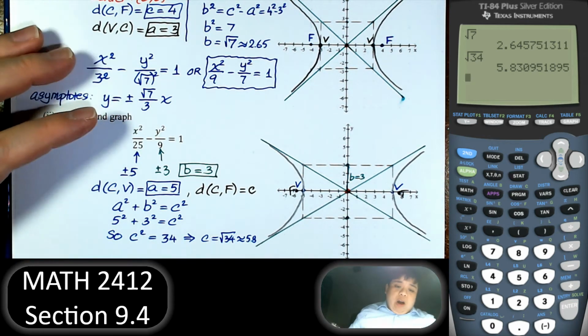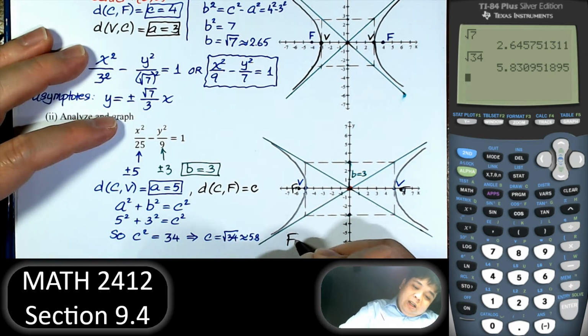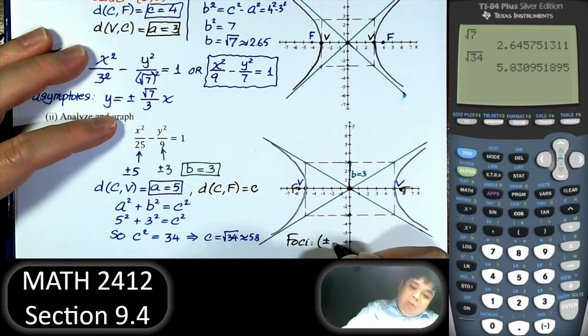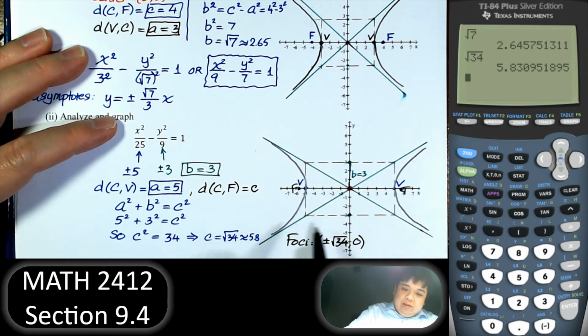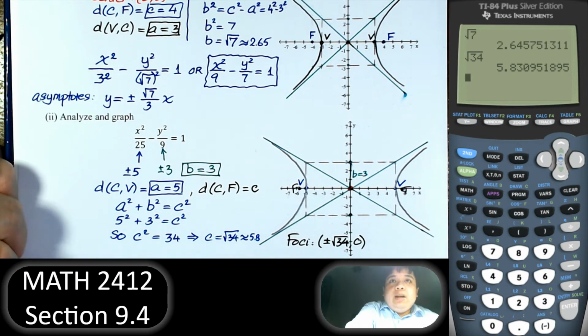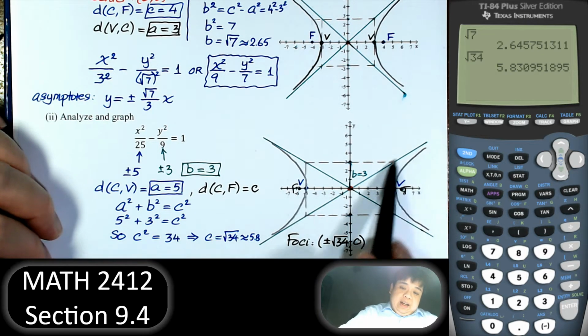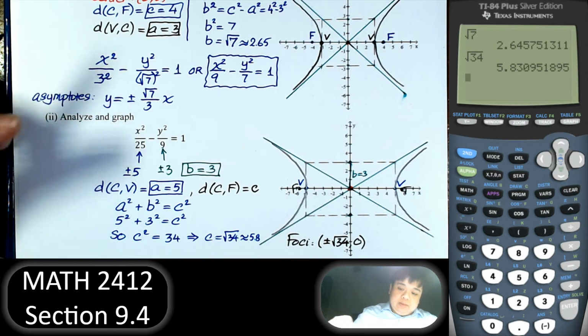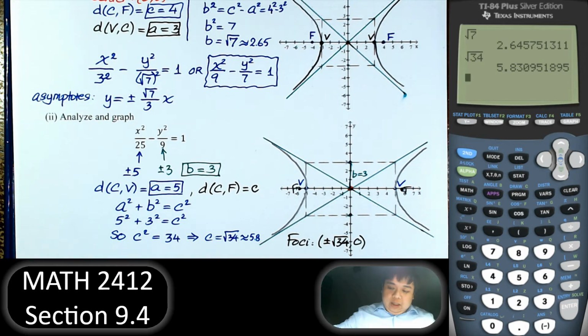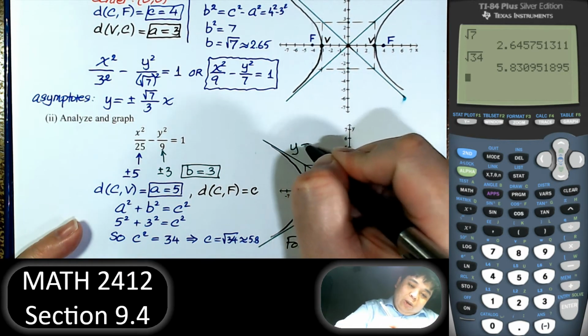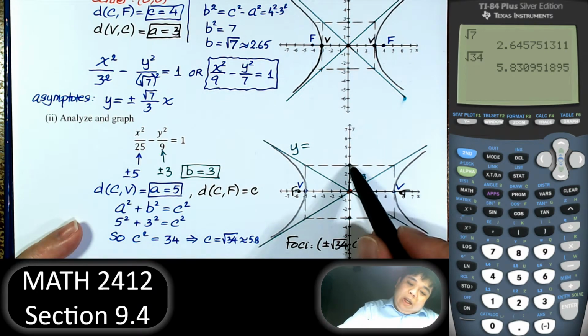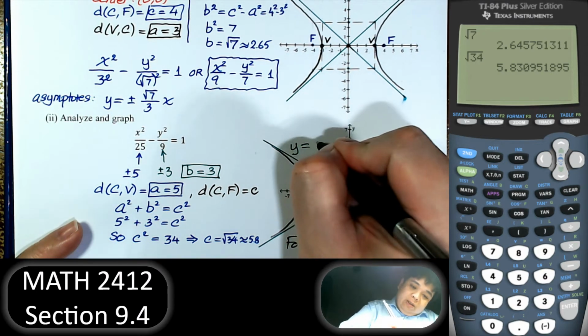So if we want to write the foci, they will be plus or minus square root of 34, comma 0. And the vertices plus or minus 5, 0. And the equation of asymptotes is going to be y equal to plus or minus rise 3, run 5 x.